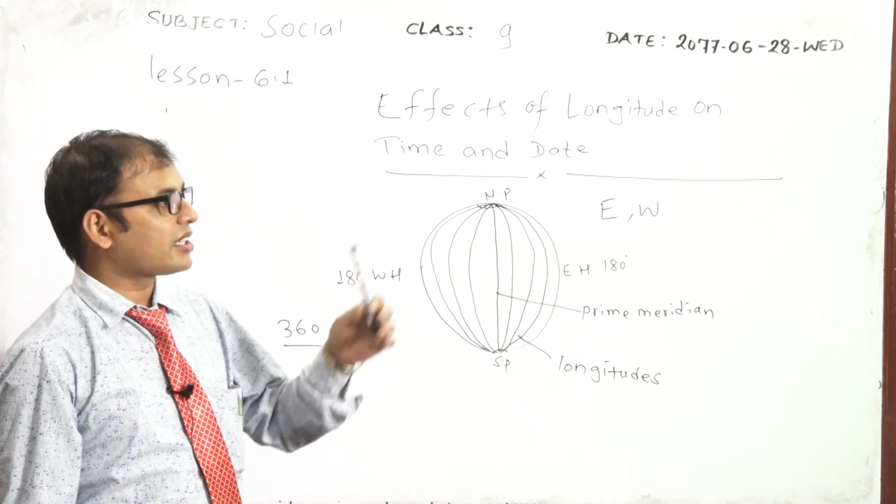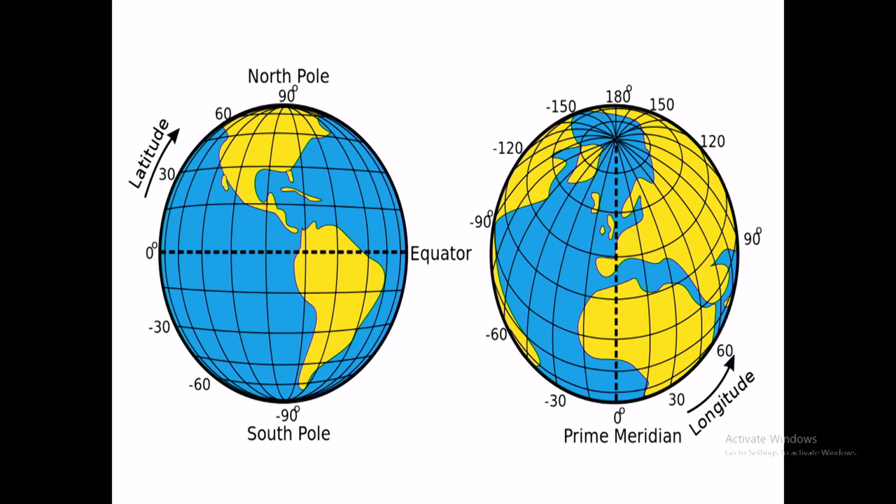Let us look at the slide once, all of you. In the slide I have brought two figures. Okay. So you can clearly see north pole on the top, south pole on the bottom. In the first picture you can see the latitudes, which are horizontal lines. There are altogether 180 latitudes, and the equator is the basis of all of these.